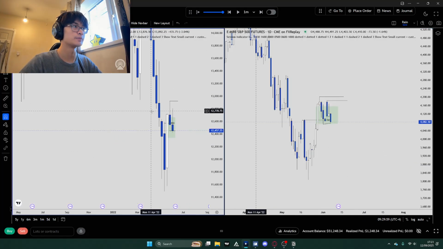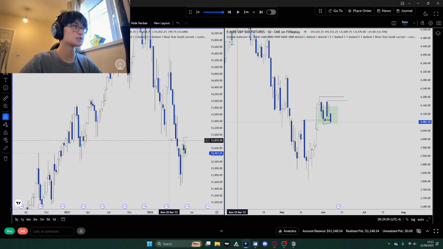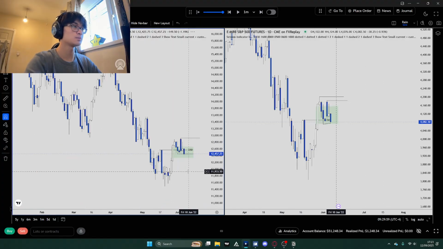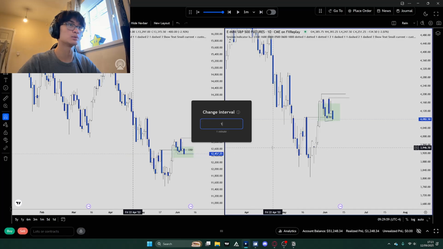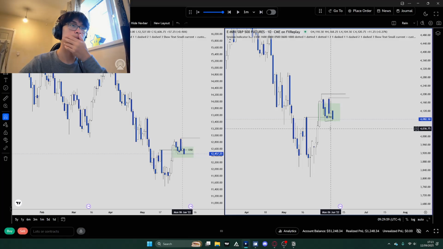We actually rebalanced this weekly inefficiency, so it's possible that we don't come to EQ, but obviously we'll just need to see what happens lower time frame.